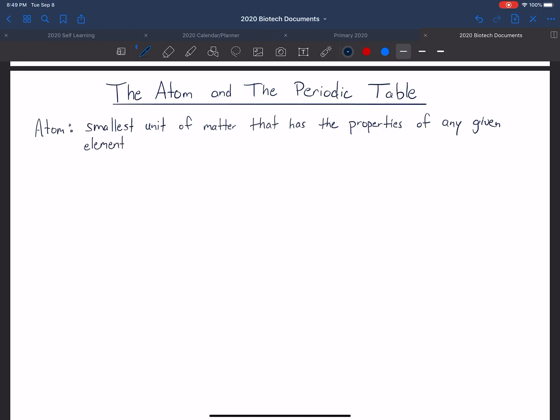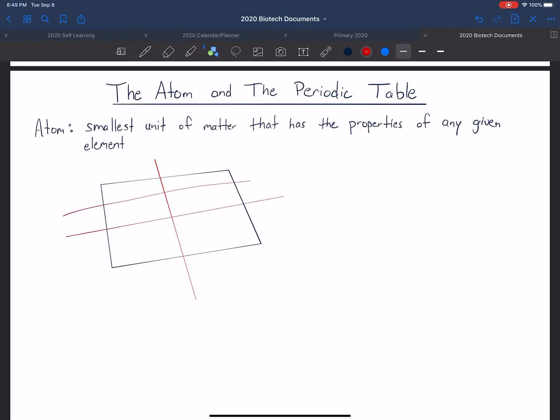So this can be said a number of different ways, but in essence, if you were to take something like aluminum foil and cut the aluminum foil in half. Let's just pretend here that we had a piece of aluminum foil and we cut this in half and then in half again, and then each of those pieces in half yet again, and just kept chopping this up into ever smaller pieces.